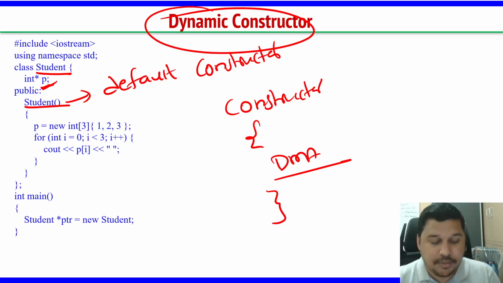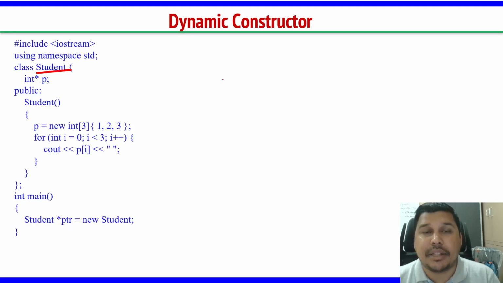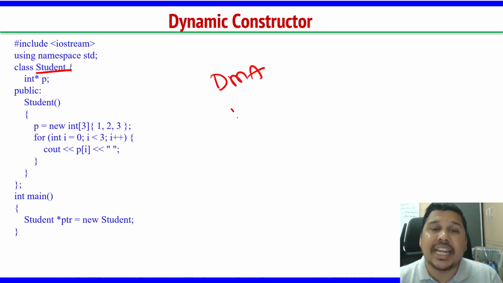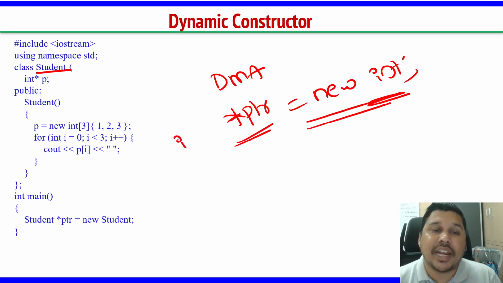So here, see this example, I have a class student and you know DMA. I am repeating an important point: using DMA, you definitely have to use a pointer only. Why? If I write int star ptr equal to new int, what is it doing?